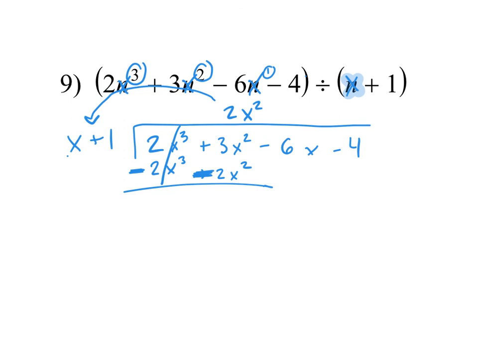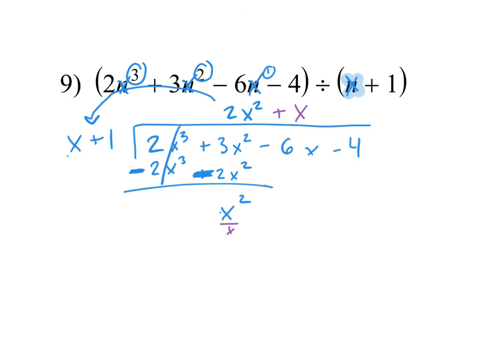So 3 minus 2 is what? 1. So this would just be x squared. So now we need to ask ourselves, what times x gives us x squared? So we're dividing this by x. What's x squared divided by x? Just x. Then we multiply.